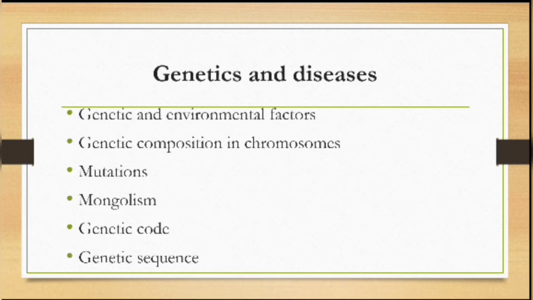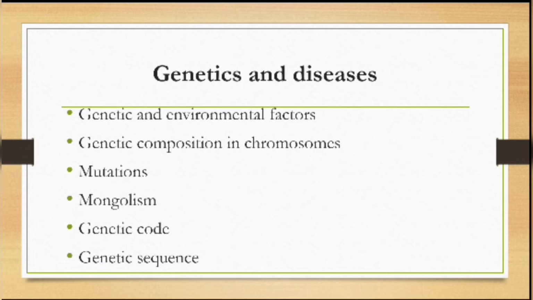So in this, the influence of both genetic and environmental factors makes an individual. Genetic composition in chromosomes is decided at conception, but continuous interactions thereafter with the environments, both internal to the body and external, shape the individual's development.